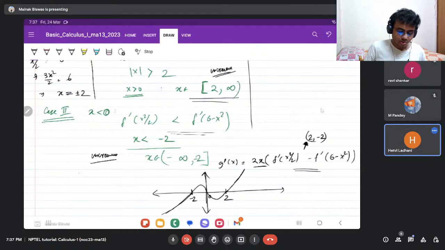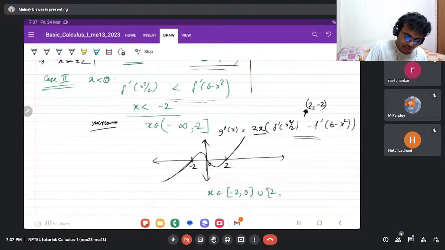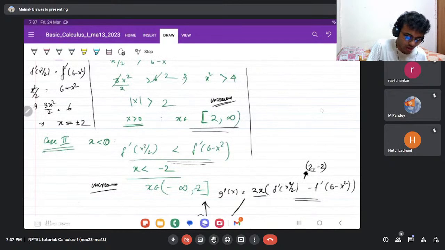Yes, sir. So now tell me, where is your curve max? x belongs to minus 2 to 0, union 2 to infinity would be the increasing part. Because we are not considering only this function, we are also considering f dash of x square by 2 minus f dash of 6 minus x square, into x.